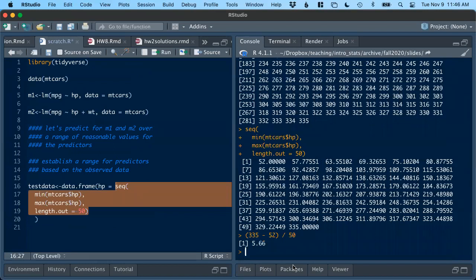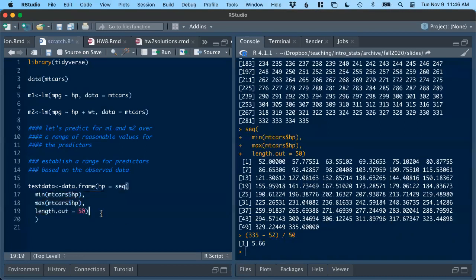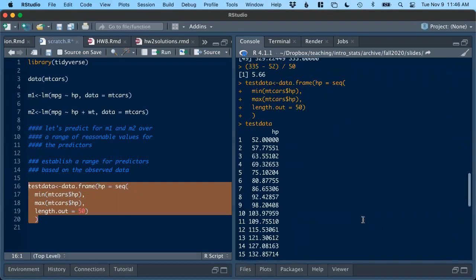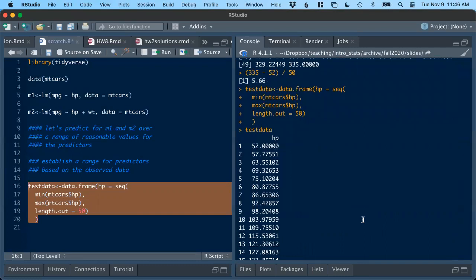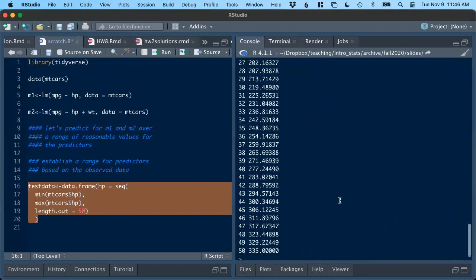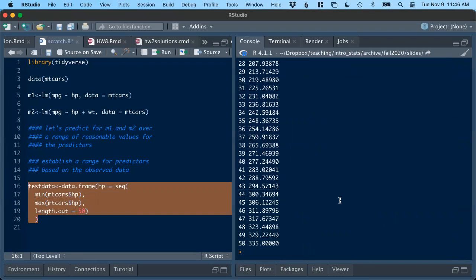So they're going to be 5.66 apart. Okay. So now my test data frame has one column with a vector called HP that goes from 52 to, I'm sorry, 335. And it's 50 rows long, because we told it length.out equals 50.